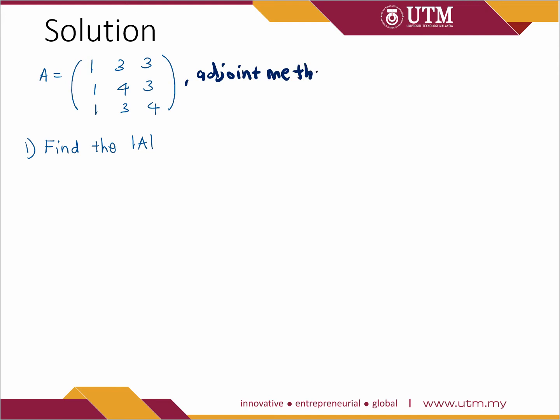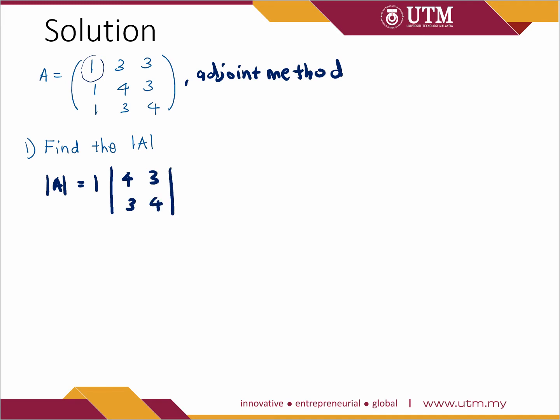So the first step in the adjoint method is we find the determinant of A. So using the first row operation, our determinant of A will be equal to 1 times the determinant of matrix 4, 3, 3, 4.